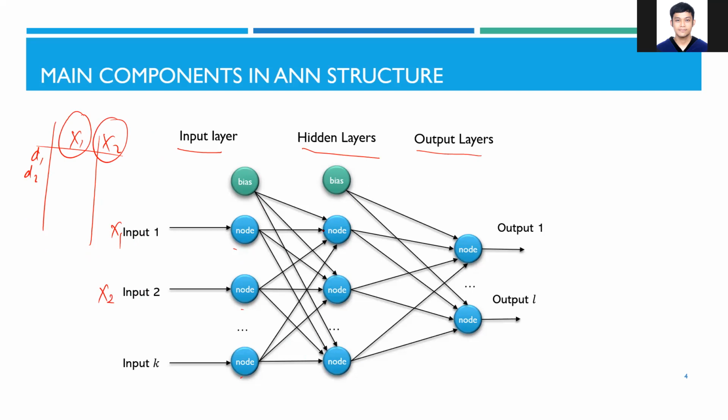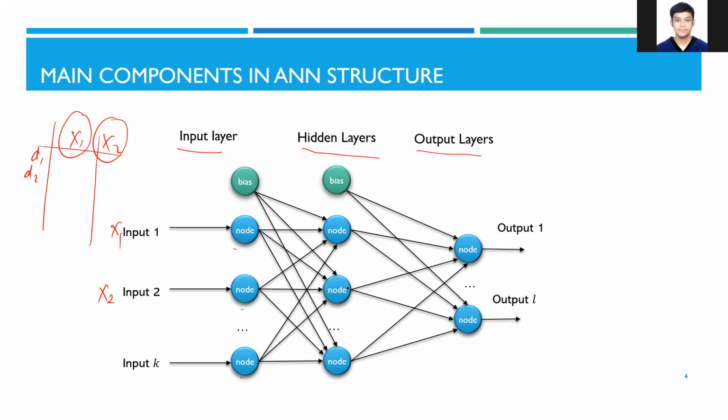In the hidden layers, we also have a number of nodes. In the input layer the number of nodes depends on the number of inputs, but in the hidden layer we can set any number of nodes. Of course, with more nodes the structure will be more complex. If you ask me whether more nodes will give a better result, generally yes, but the more complex it is, the higher the computational time.